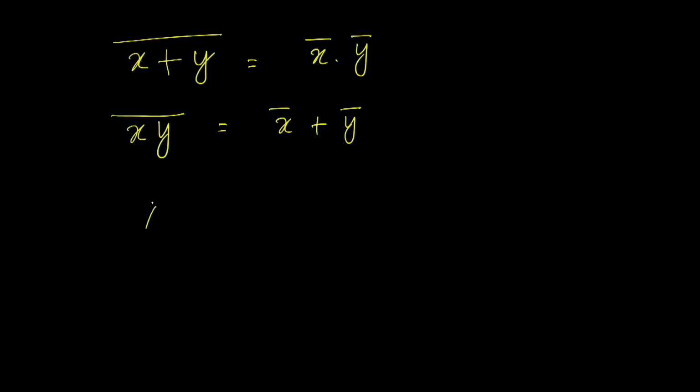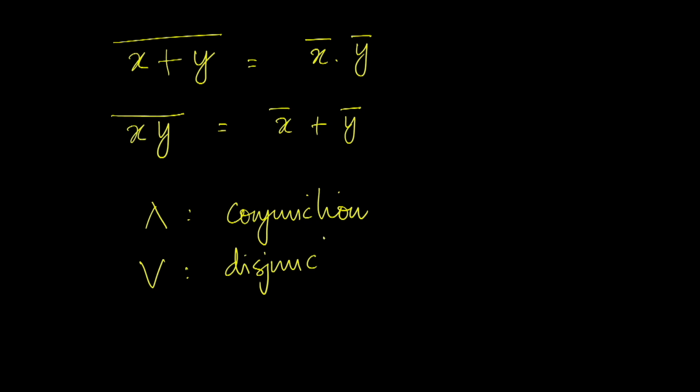By the way, an AND is also called a conjunction, and an OR is also called a disjunction. You should be familiar with these words. So these are the two De Morgan's laws.